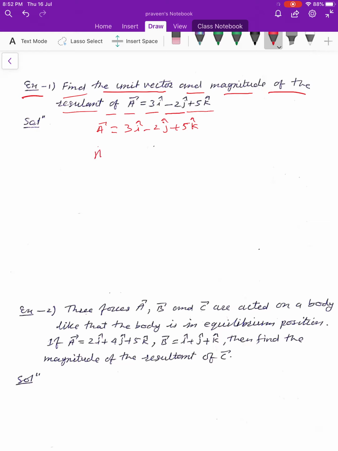Comparing with vector A is equal to Ax i cap plus Ay j cap plus Az k cap, Ax is equal to 3, Ay is equal to minus 2 and Az is equal to 5.